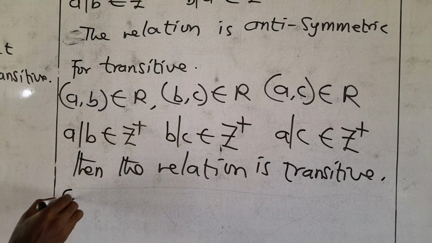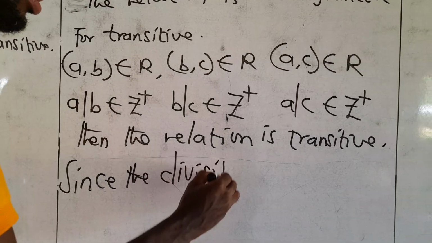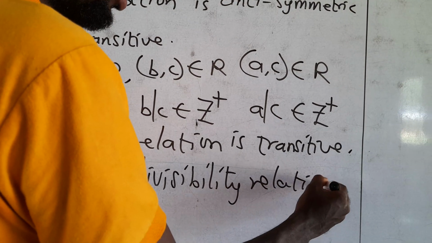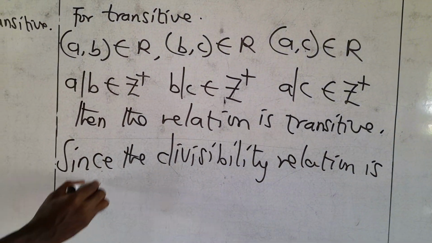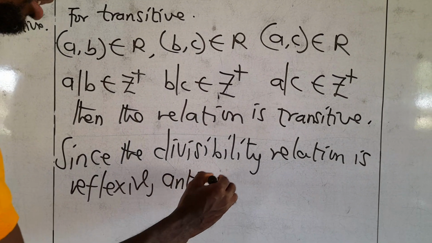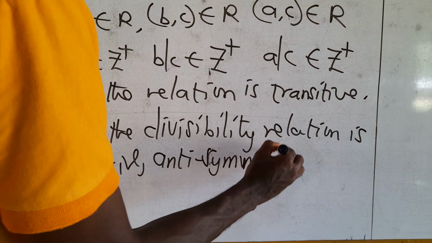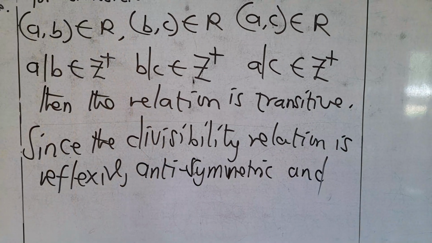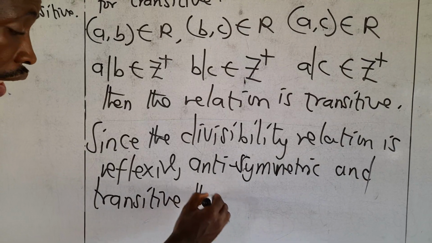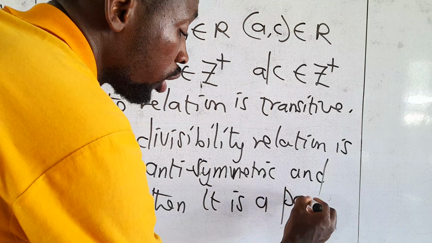So since the divisibility relation is reflexive, antisymmetric, and transitive, then it is partially ordered.